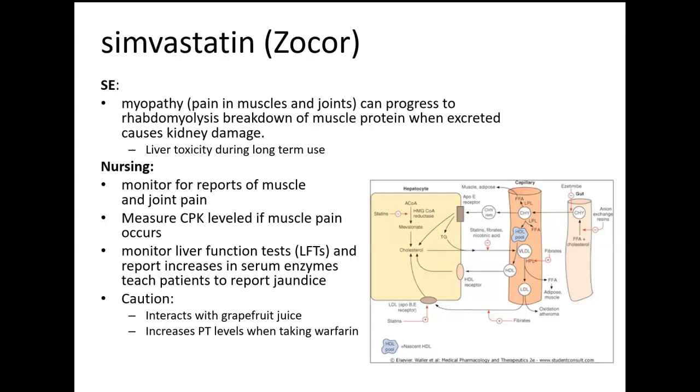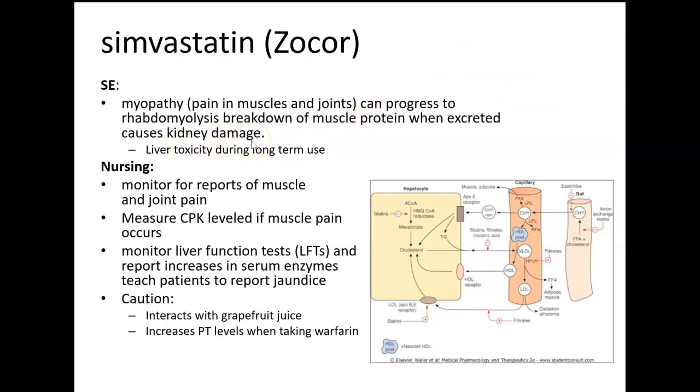So side effects of these drugs, probably the really big one that people need to know is that it can cause myopathy, muscle pain, and can progress to rhabdomyolysis, which is really, really serious. And that rhabdomyolysis, the breakdown of all that muscle protein, then causes kidney damage.